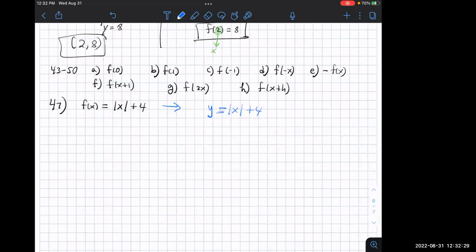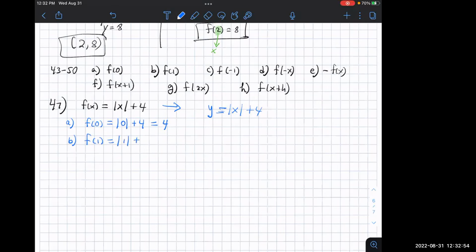Okay, what is f of 0? Plug in 0 for x, so I get absolute value of 0 plus 4, which is 4. What is f of 1?